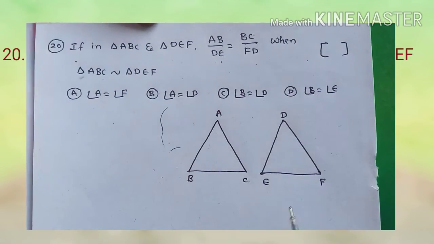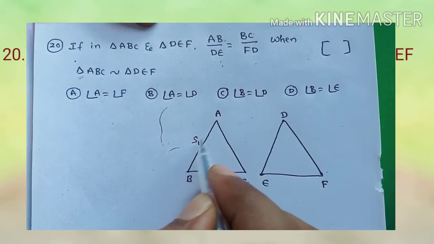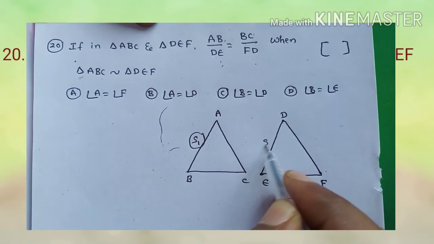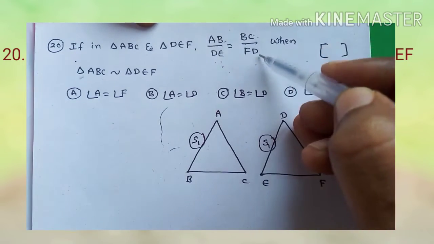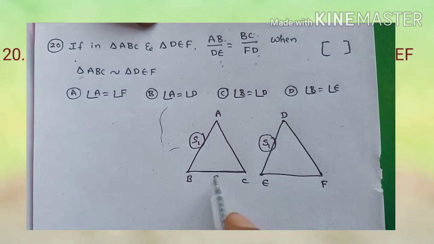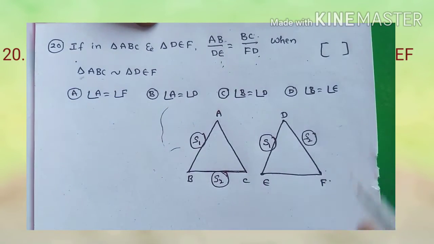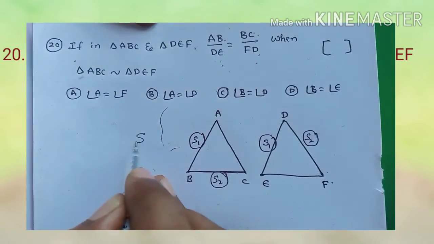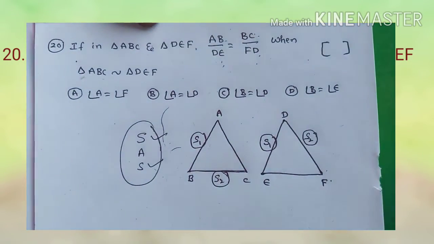Here, AB by DE is given clearly: in this triangle side 1, in this triangle DE side 1. These are in proportion. Next, BC by FD, BC side 2 by FD side 2. We know the SAS similarity: two sides and the included angle.